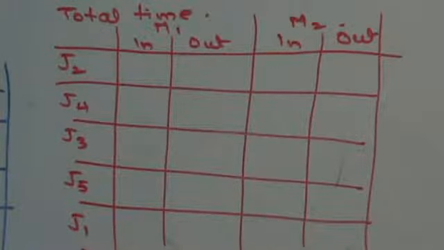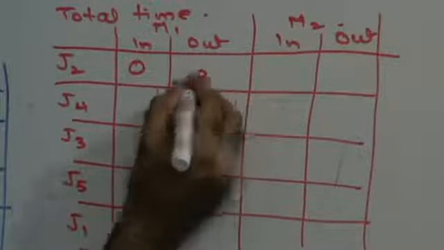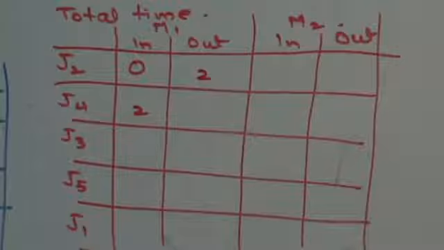Okay, let's see this. You always start with 0 hours. Now on machine 1, J2 takes 2 hours. So bring 2 here. On machine 1, J4 takes 6 hours. So 2 plus 6, 8.